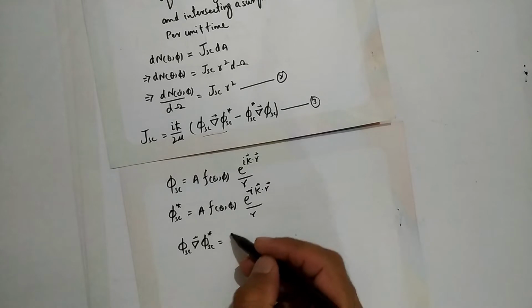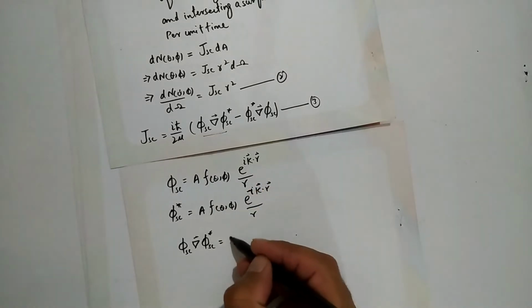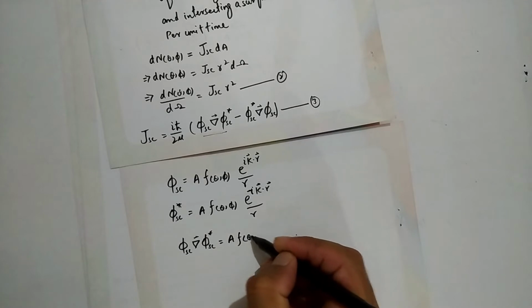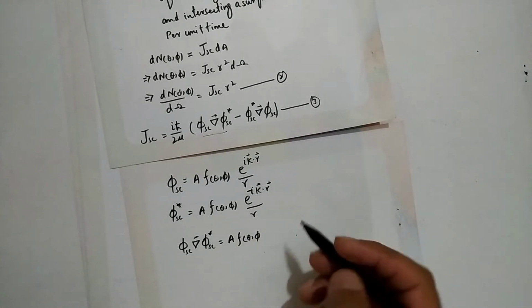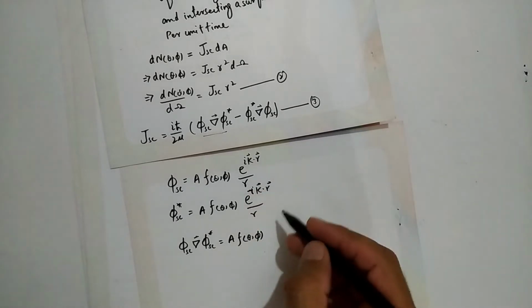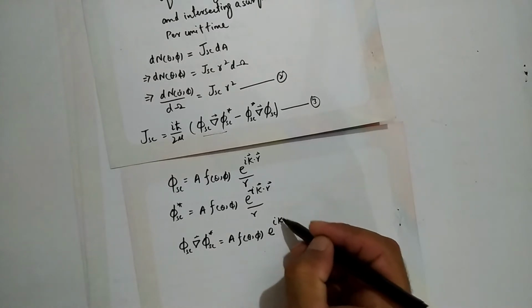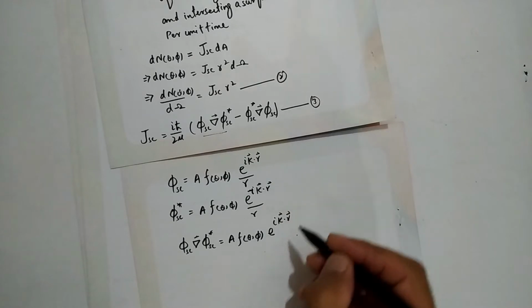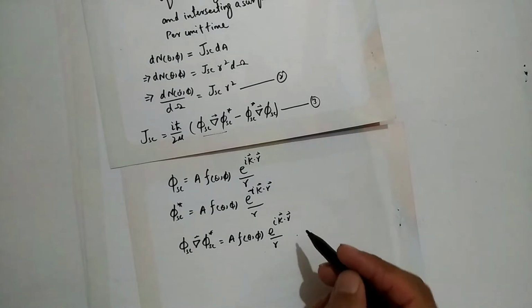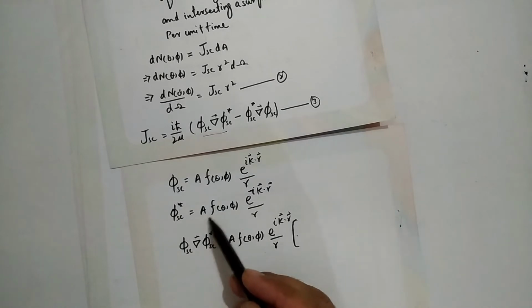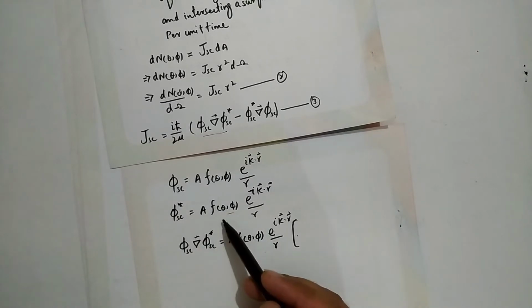The scattered wave function is A into f of theta and phi times exponential ikr over r, into the gradient of this one, the scattered wave function.